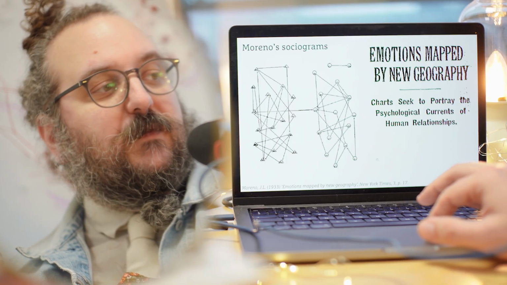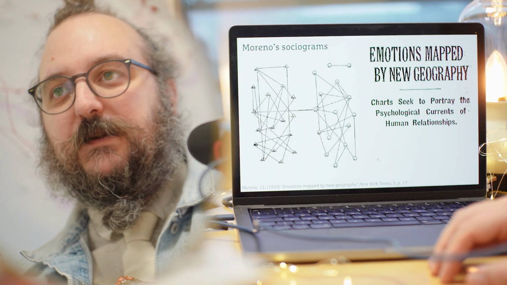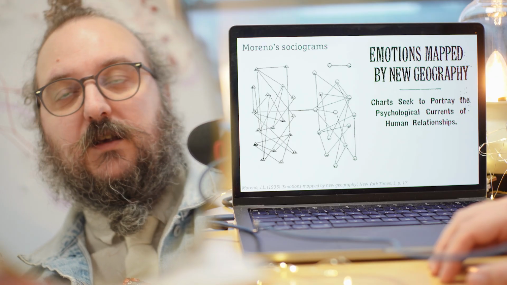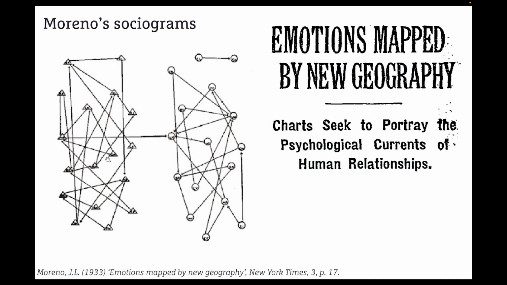Now, you may have a very simple interpretation of this, which is that the boys are on the one side and the girls on the other side. I want to highlight that it's not just about where we put the triangles and where we put the circles. It's that we see that there are much more connections within the boys or within the girls than from the boys to the girls or vice versa.